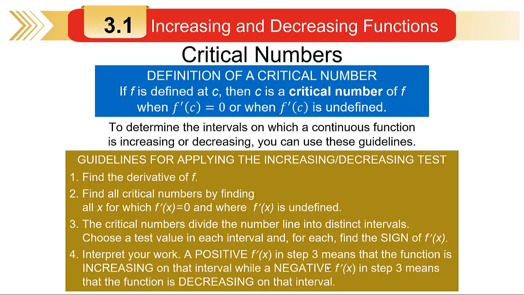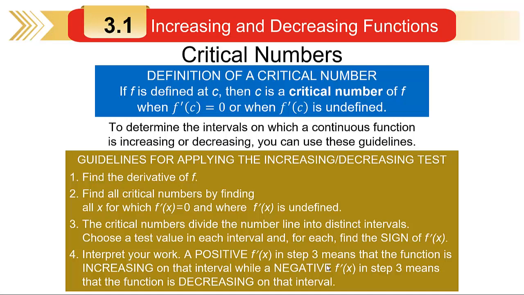And finally, you want to interpret your results. To reiterate, a positive derivative in that previous step means the function is increasing on that interval, while a negative derivative, again from step 3, means that the function is decreasing on that interval.